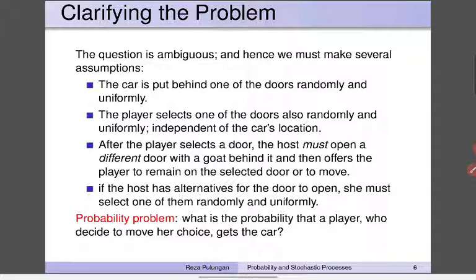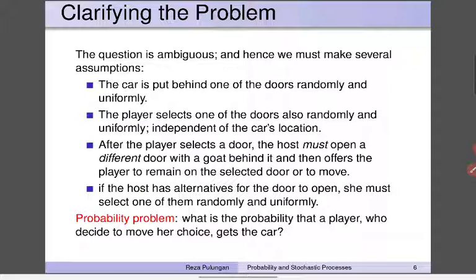The third one is that after the player selects a door, the host must open a different door. So this is basically her SOP, a standard operating procedure. This means that it cannot be the case that tonight in the game show the host opens a door and tomorrow not. So this must be done every time the game is carried out.